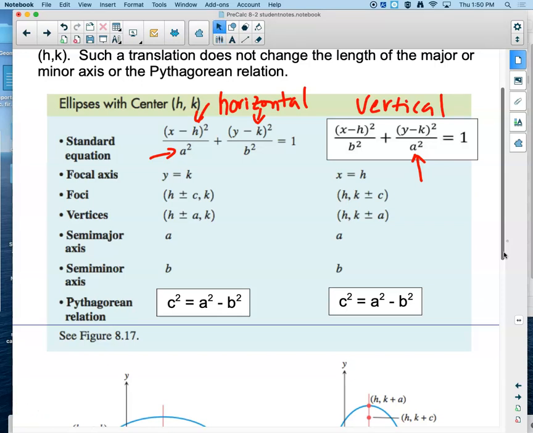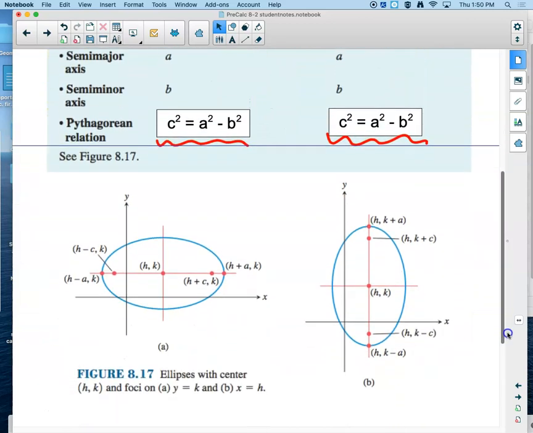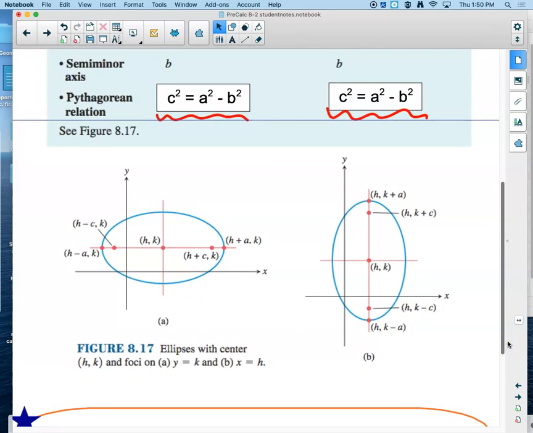But now we have the h and k to move that center from 0, 0. Again, the rest of this, it's great that they have all these little formulas here, but this is very visual. So if we can just do some counting as we go through here, we can get all these pieces. And we don't want to forget, if we need the foci, we have c squared equals a squared minus b squared, because the original formula had a plus in it. All right, so taking a look at this figure, we can see that there is a new center now at h, k.